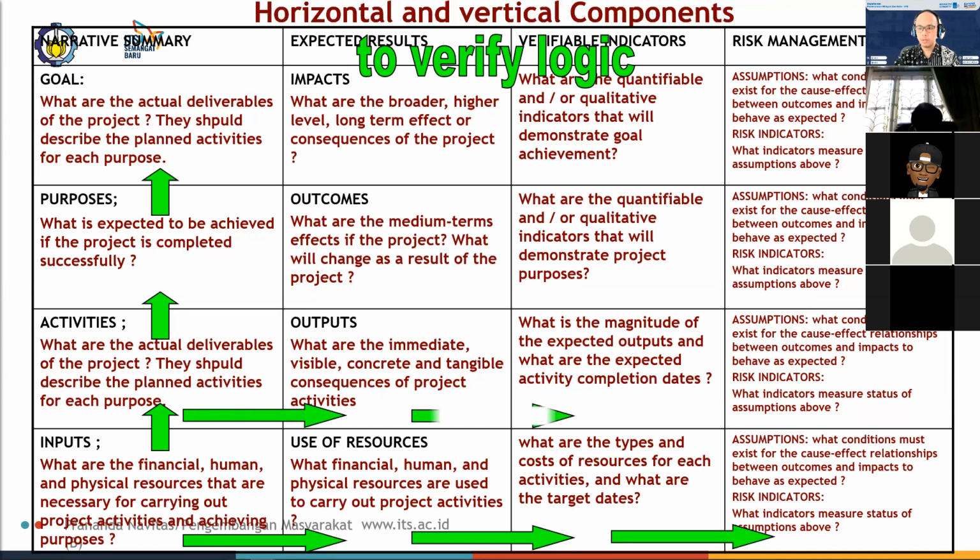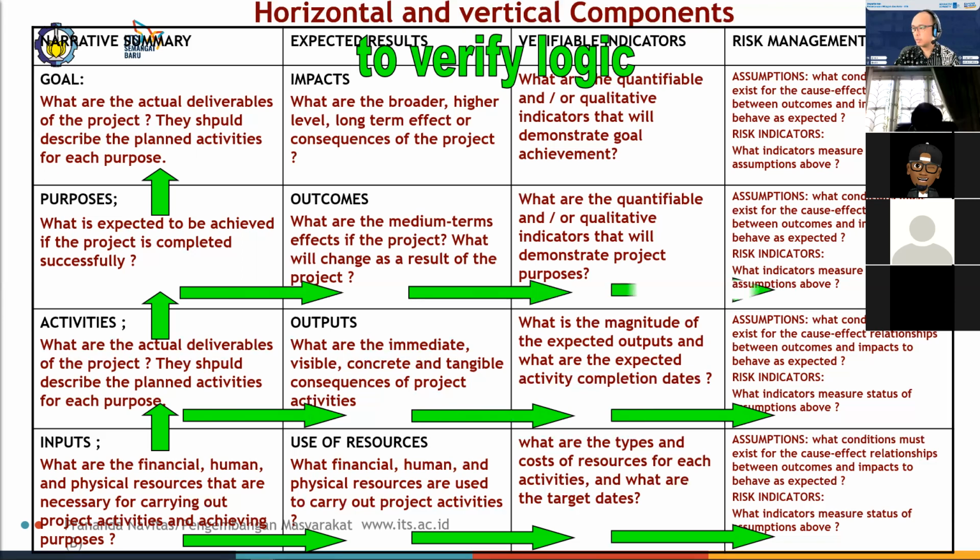And same thing with activities and other parts of the matrix.